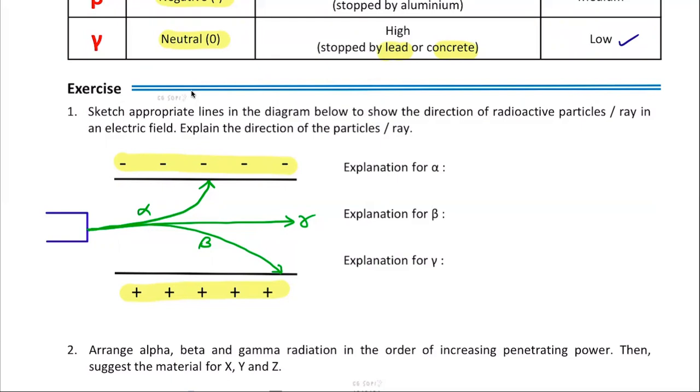Due to what? You don't know? Okay, you compare the mass of the alpha particle and also the mass for the beta particle. And you relate that mass to inertia.